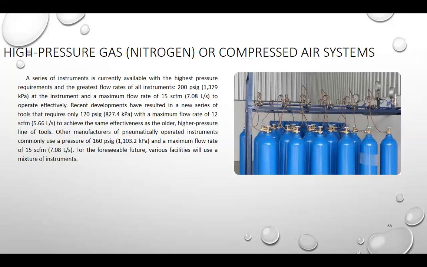Recent developments have resulted in a series of tools that require only 120 psi gauge or 827.4 kilopascal with a maximum flow rate of 12 SCFM or 5.66 liters per second to achieve the same effectiveness as the older, higher pressure line of tools. Other manufacturers of pneumatically operated instruments commonly use a pressure of 160 psi and a maximum flow rate of 15 cfm. For the foreseeable future, various facilities will use a mixture of instruments.